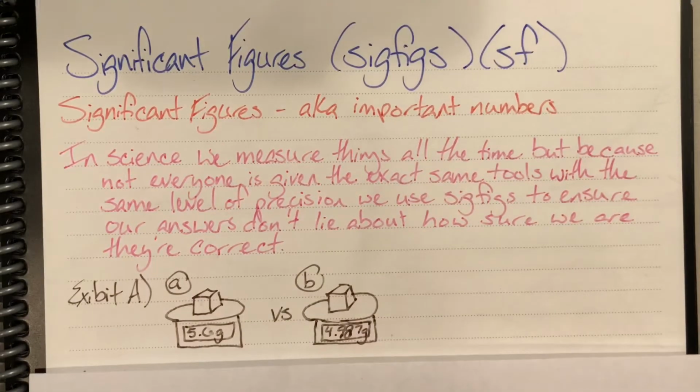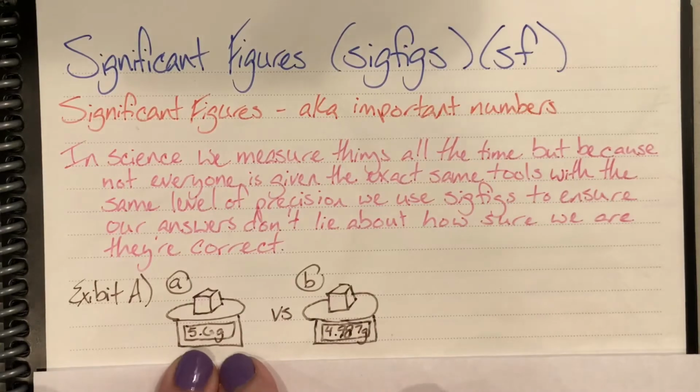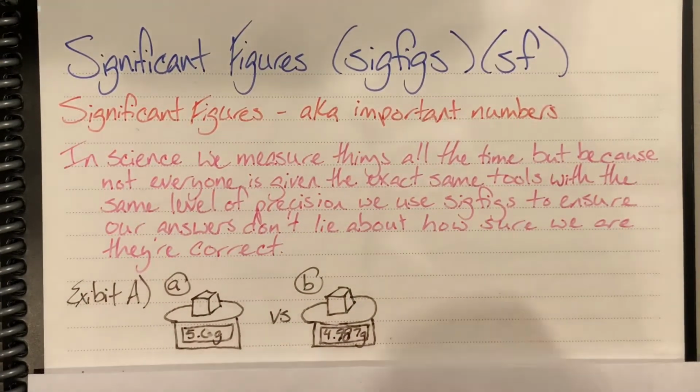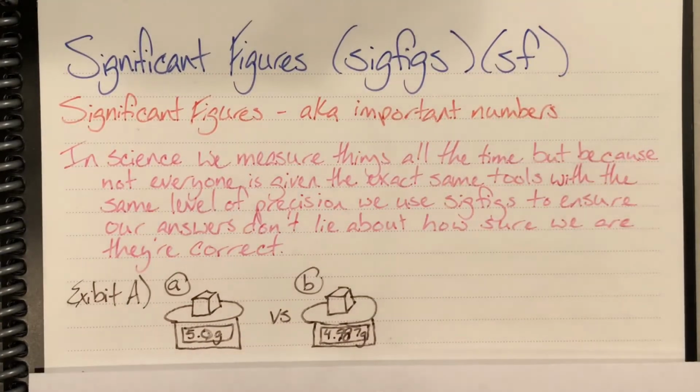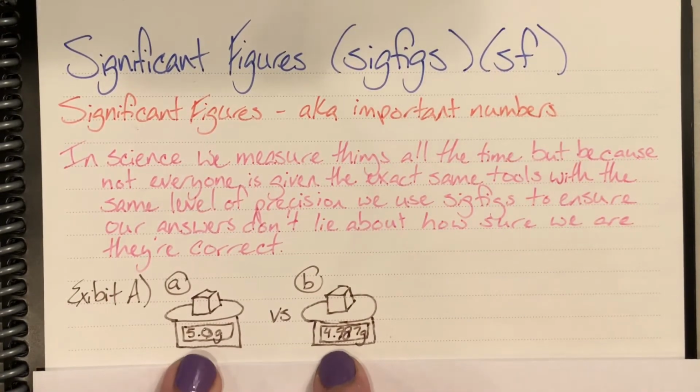So here's some examples of how different lab equipment can give us different levels of certainty. Here I have a scale reading 5.0. That 0 got smudged a little bit, so I'm going to fix it. 5.0 grams. But if I took that same cube and weighed it on a more precise scale, I end up seeing that the mass isn't actually 5.0.